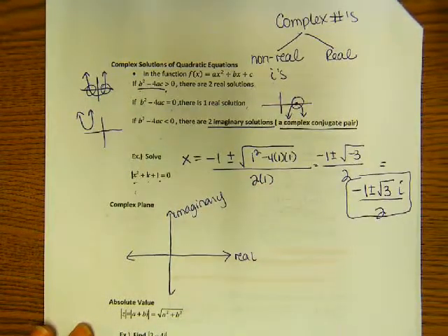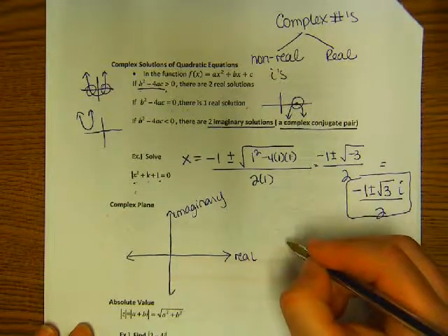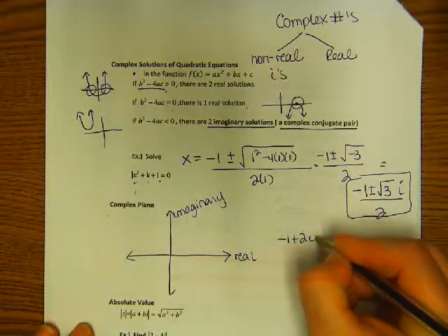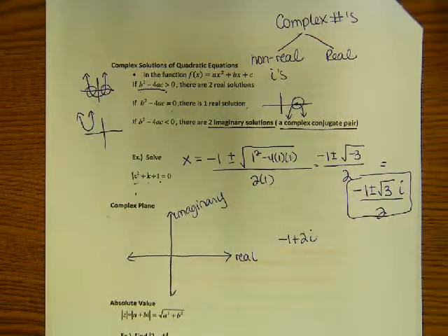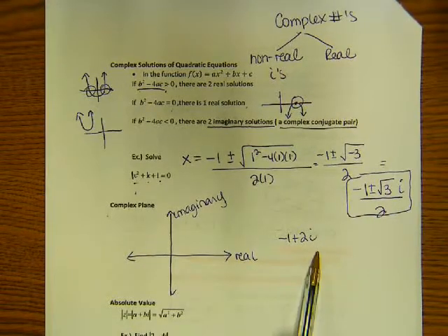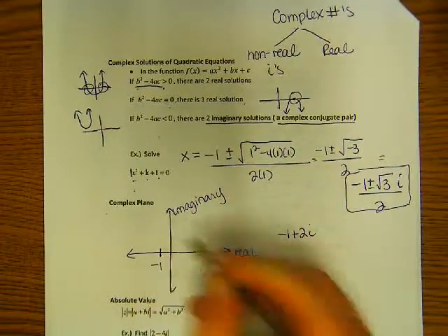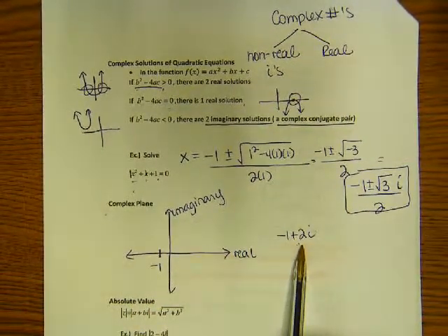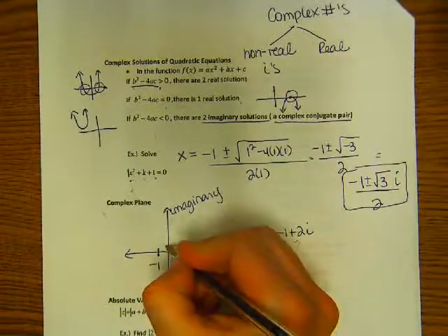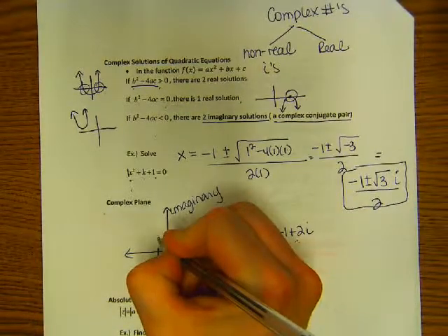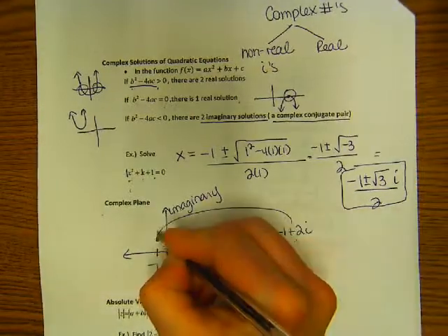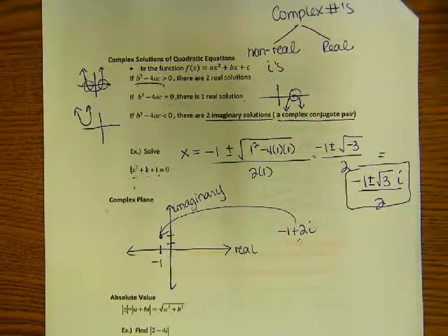So if I graph the point, I don't know, -1 plus 2i, what's the real part of this expression? -1, so I'd go -1 over here, and the imaginary part is 2, right? So I'd go up 2. That would be the point -1 plus 2i on the complex plane.